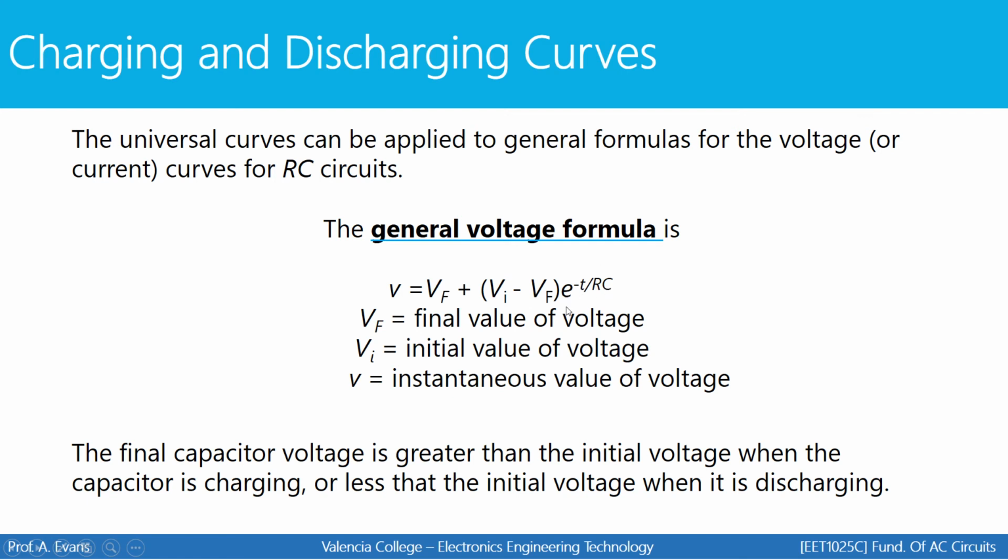So again, this is the constant number e, just like pi, that's a constant. And this formula basically tells you the instantaneous value of voltage for any point in time. So if I plug in the final value, the initial value, the amount of time that has passed, and the RC time constant, I can know exactly how much voltage that capacitor will have charged to in that amount of time.